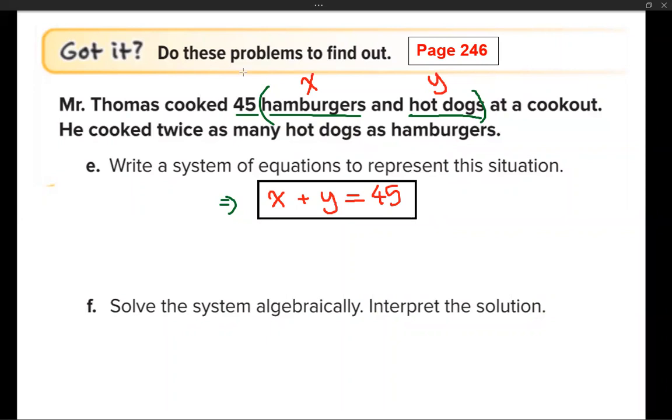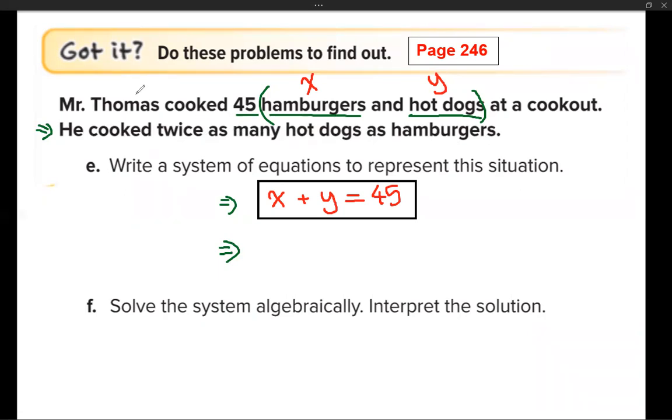And now we need to write another equation. We need to extract more information from the problem here. Let's go to the second statement and see. The second statement says, he cooked twice as many hot dogs as hamburgers. So the number of hot dogs is twice the number of hamburgers. Okay? Which means there are more hot dogs than hamburgers.